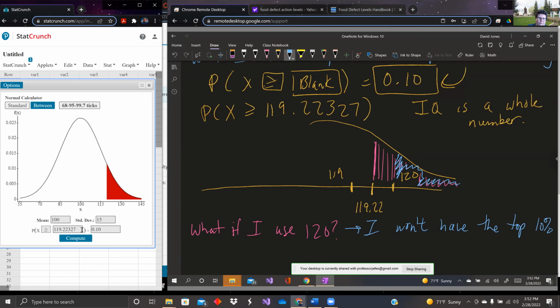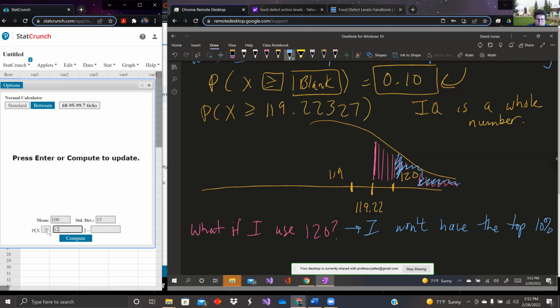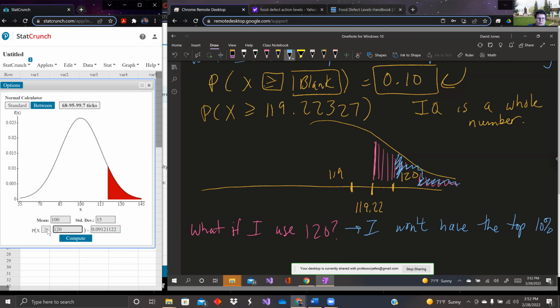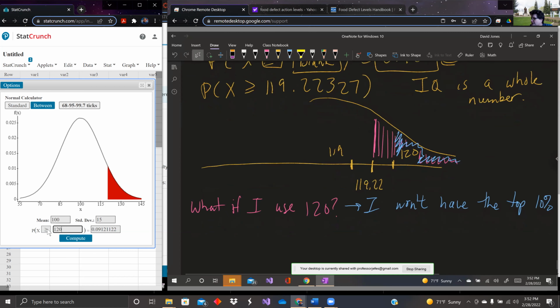And I can show you that. We can do 120 right here and check it. 120 is 0.091, the top 9.1%. And if I use 119, it's going to include this part over here on the left too.